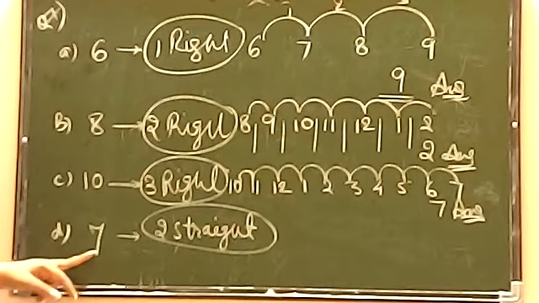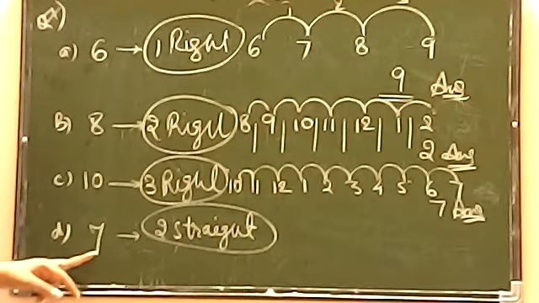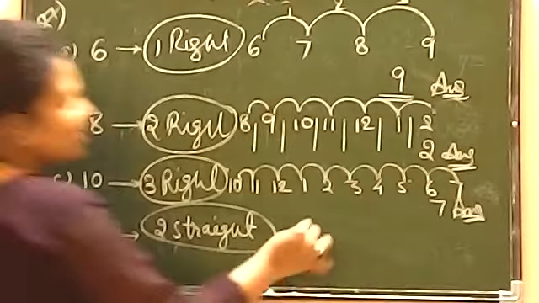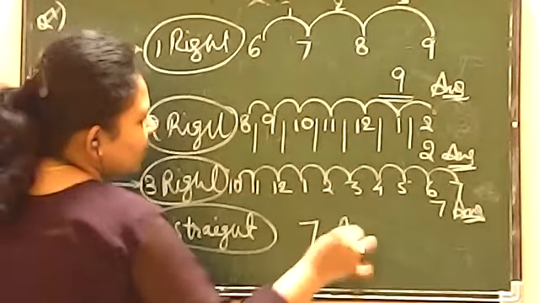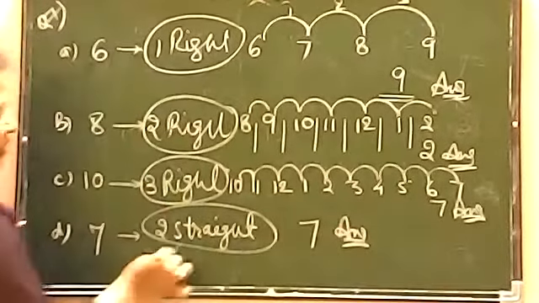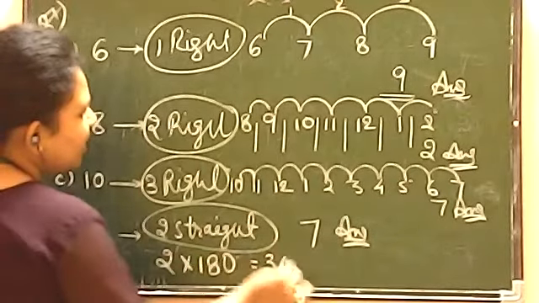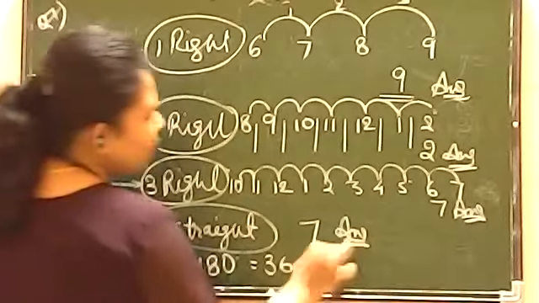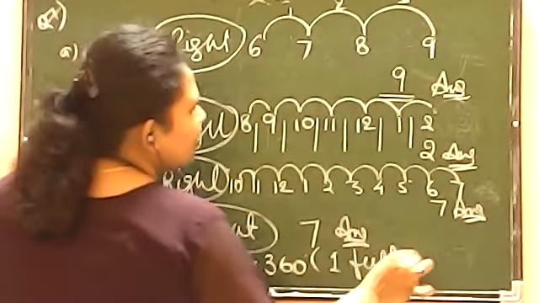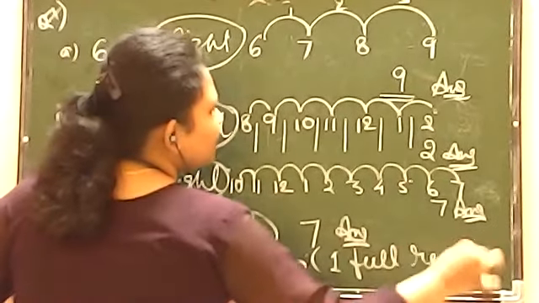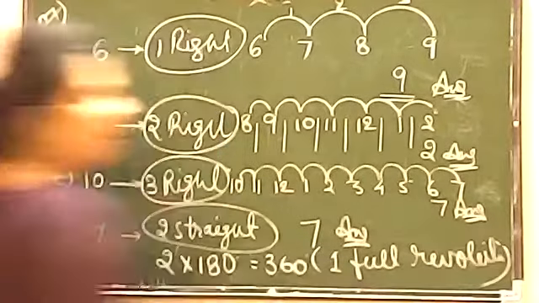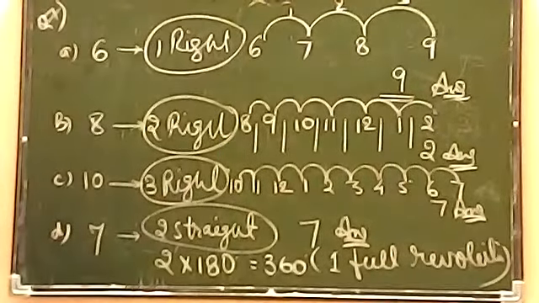You don't need to count the steps. So 7 means your answer will be 7 only. You don't need any kind of further solution. 2 into 180, which will give you 360. One full revolution. Complete. Answer will be 7 now.